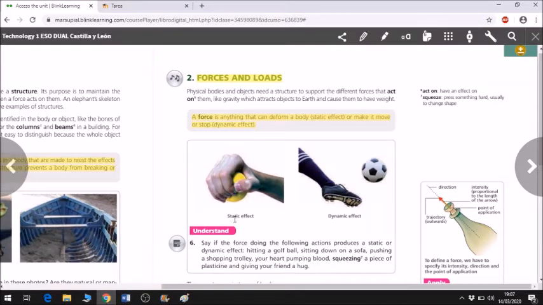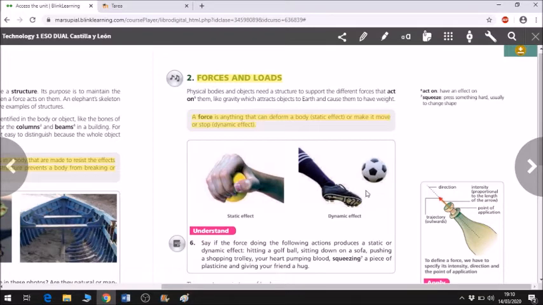Let's see the difference between a static and dynamic effect using the pictures that we have in our books. In the first one, we can see a hand that is squeezing a ball. The ball changes its shape, but it's not moving from one place to another. You can deform the ball, but you are not moving it.